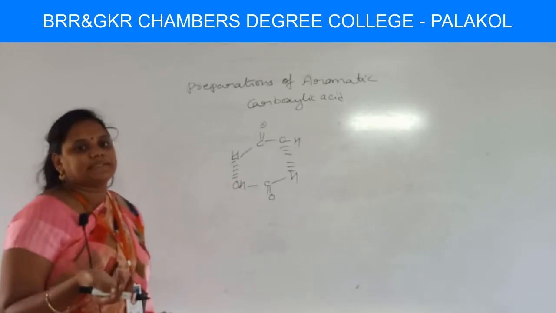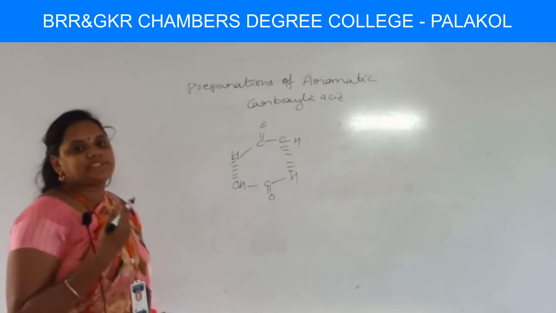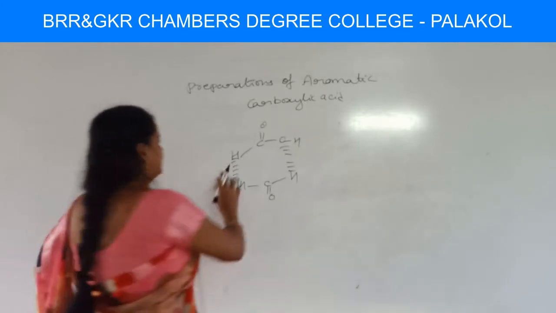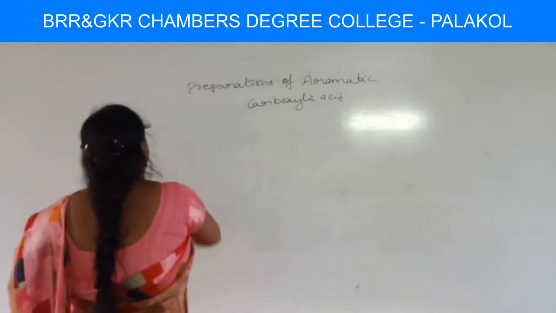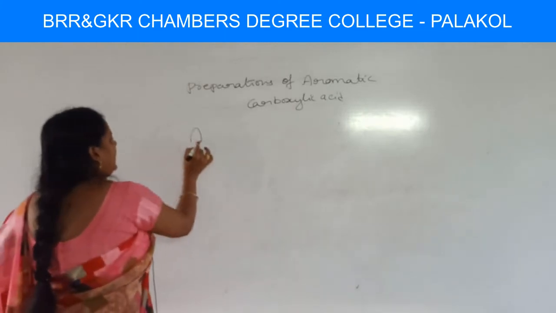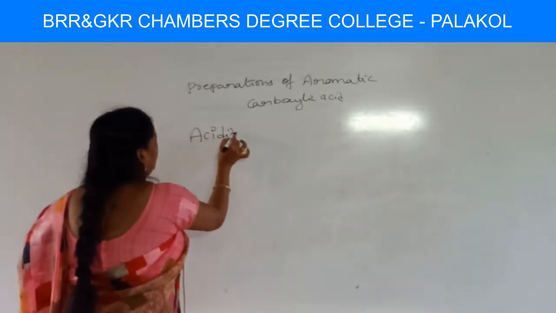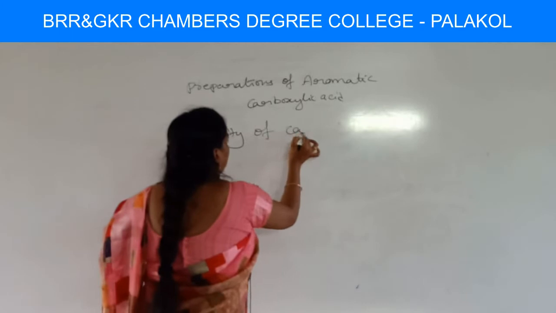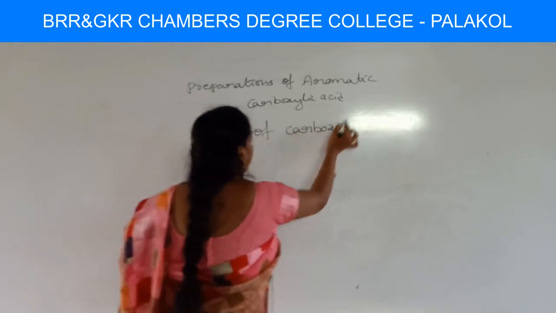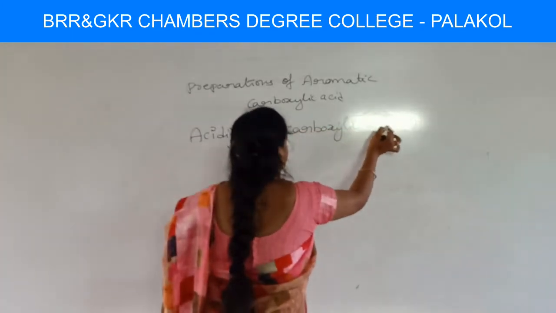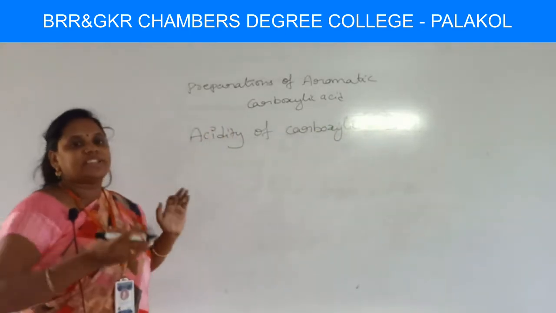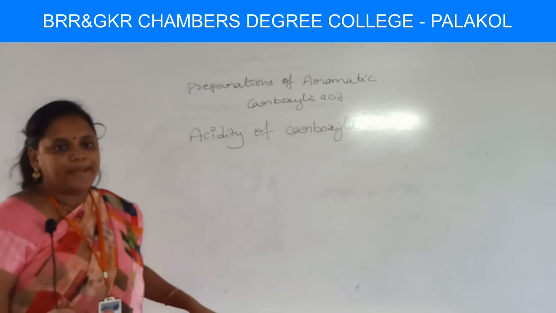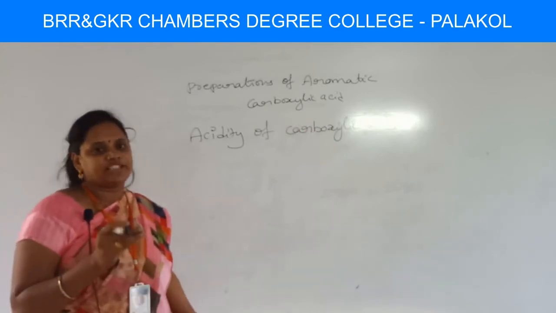Next, let us discuss the relative strengths of carboxylic acids. That is nothing but acidity of carboxylic acids. Okay, if you compare the acidity of carboxylic acid with alcohol, what happens? Alcohol is a neutral substance.